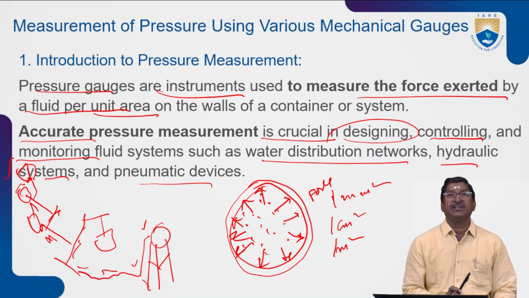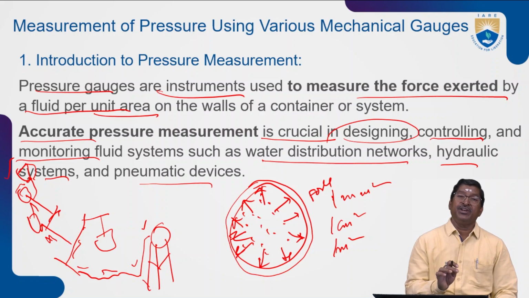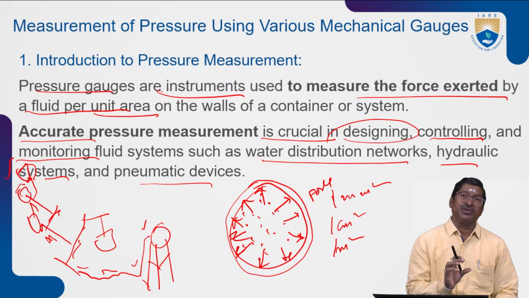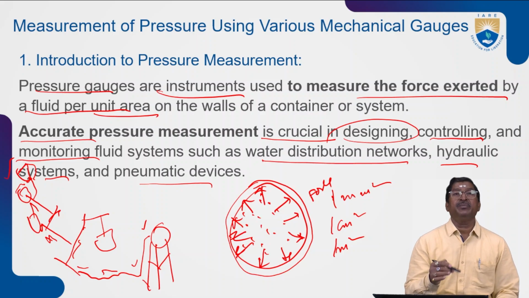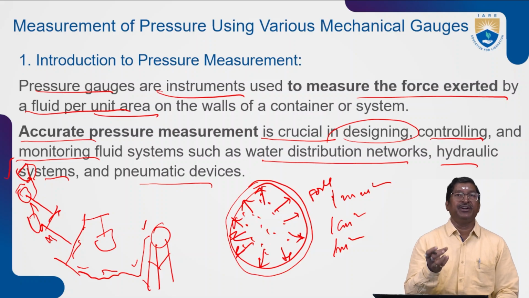Pressure is nothing but the force exerted by a fluid per unit area. The equipment used to measure that pressure is called a pressure gauge, a device utilized to measure the pressure of the fluid.